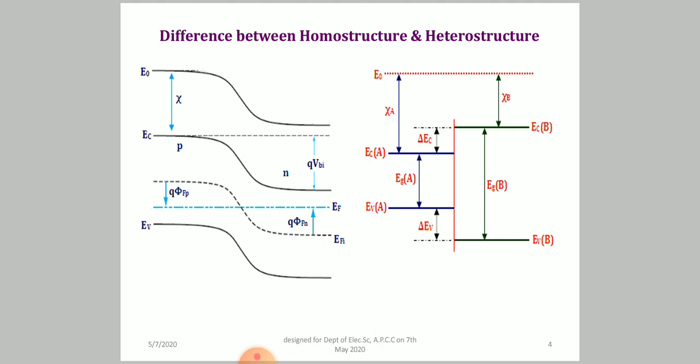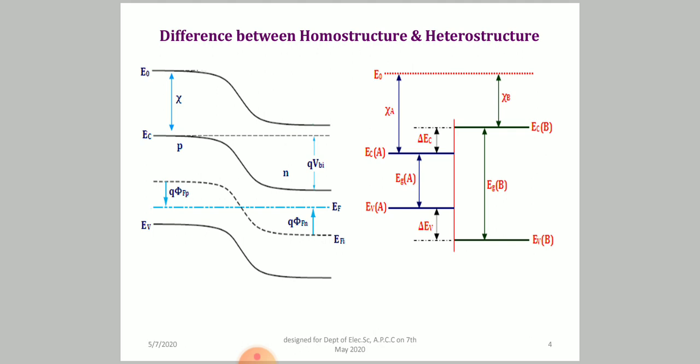So if I move towards the heterojunction, which is the figure on the right side, look, with respect to the hypothetical vertical line, left and right side, there are two semiconductors, and band gap of both the semiconductors are different.